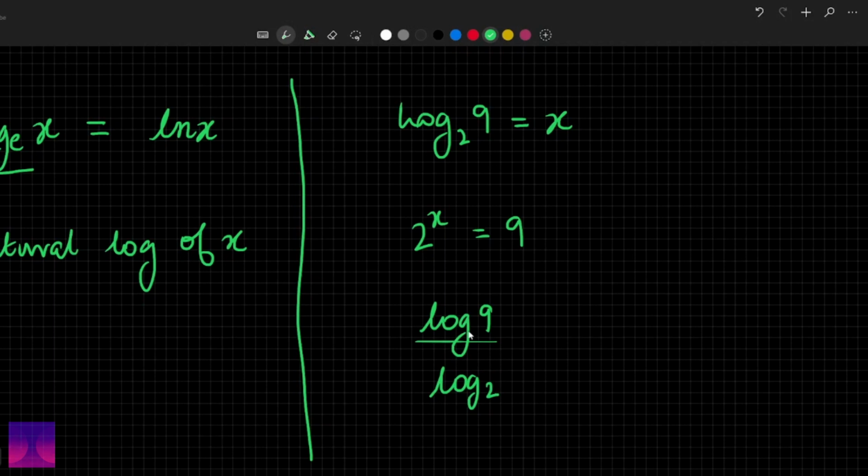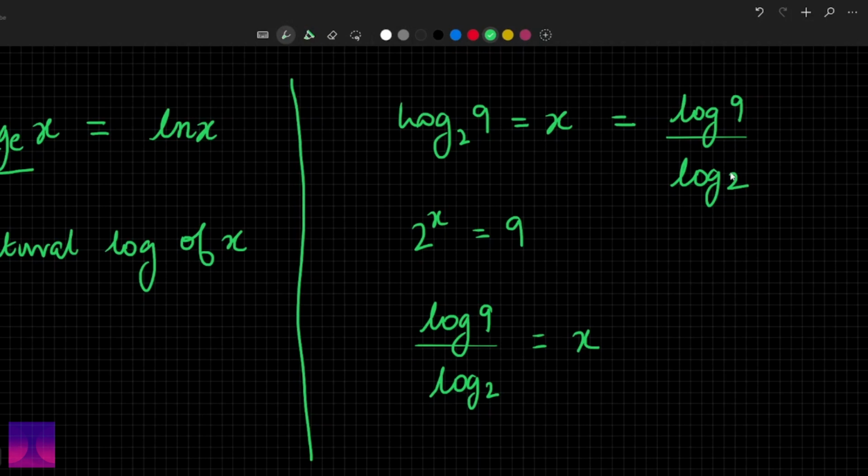You just go to a calculator, put 9 and take the log, divided by 2 and take the log, and what you get is the value of x. So x equals log of 9 divided by log of 2.